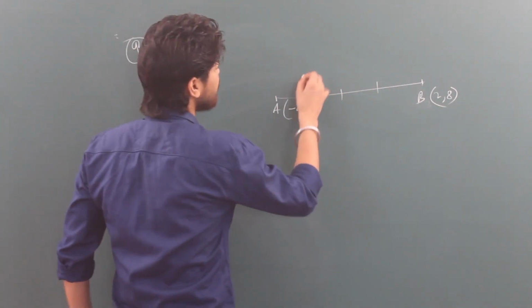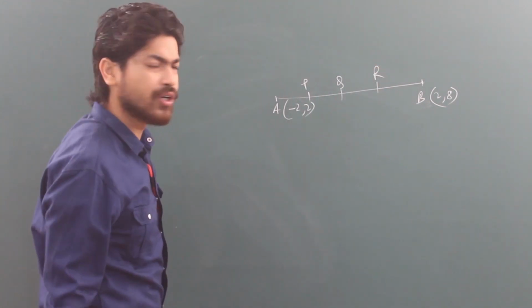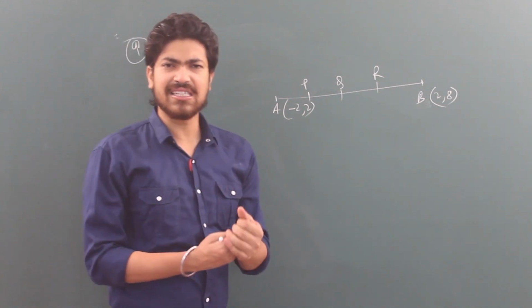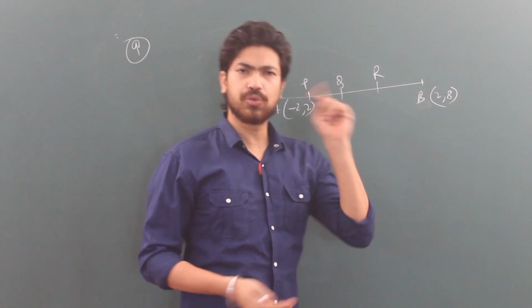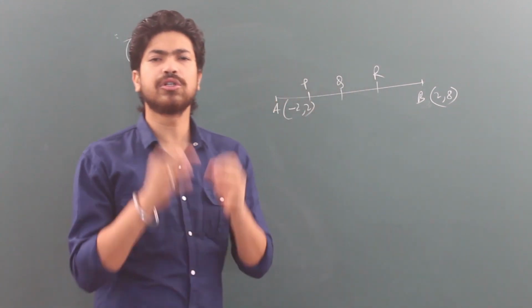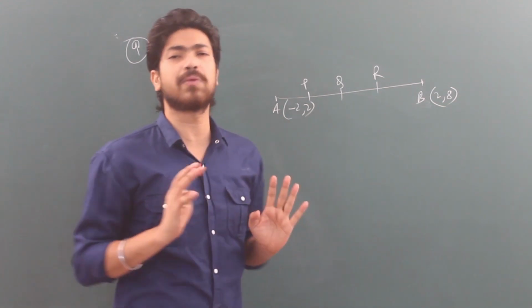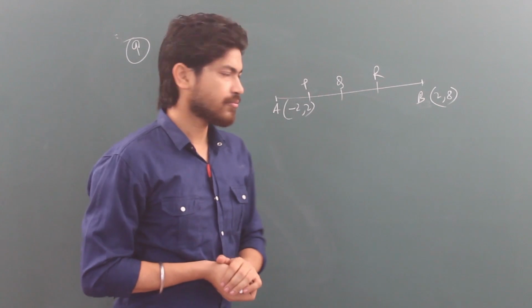Suppose you name these as P, Q, R. Got it? So the question is that AB is the line segment where A's coordinate is -2 comma 2, B's coordinate is 2 comma 8. दोनों का coordinate दे रखा है. You need to find the coordinates of the points which divide this line segment into 4 equal parts. That means points of tetrasection.